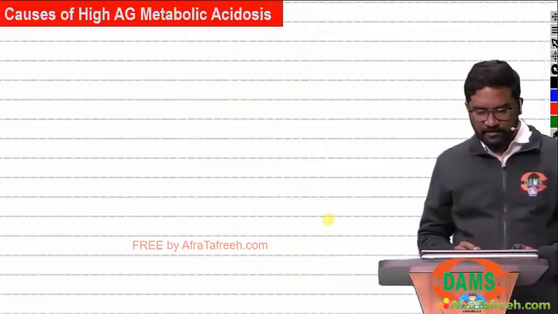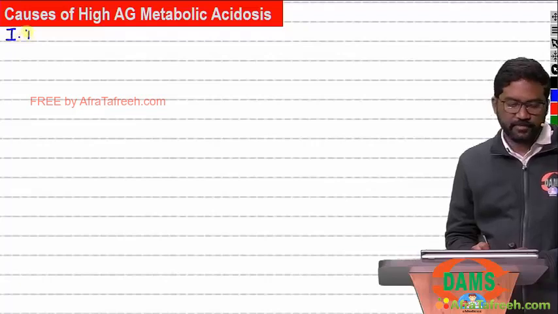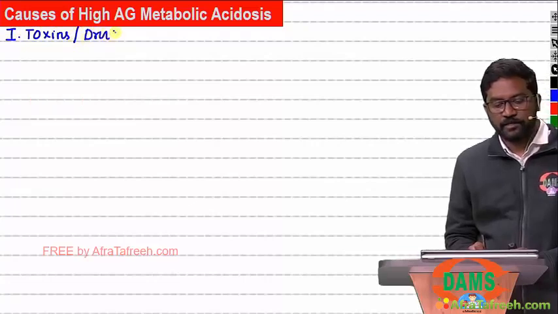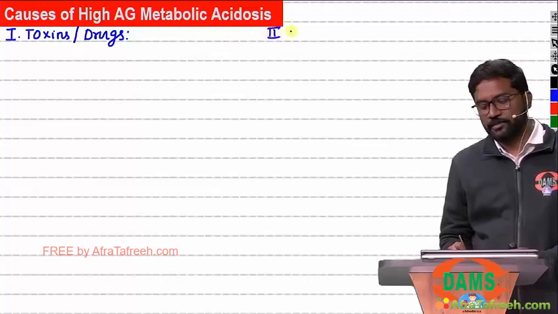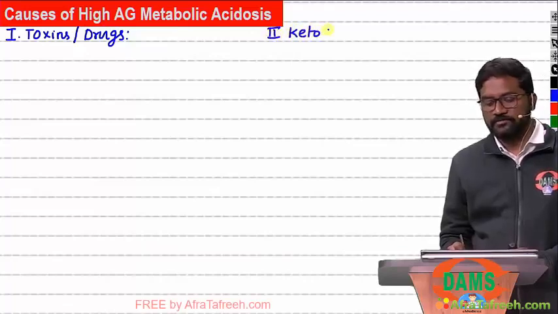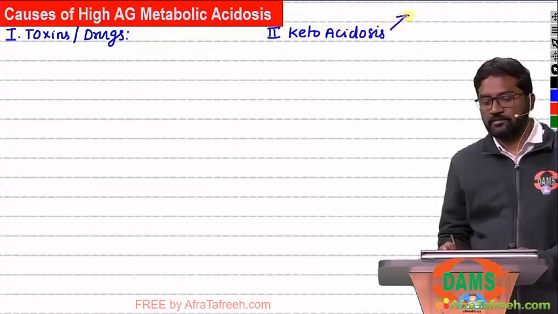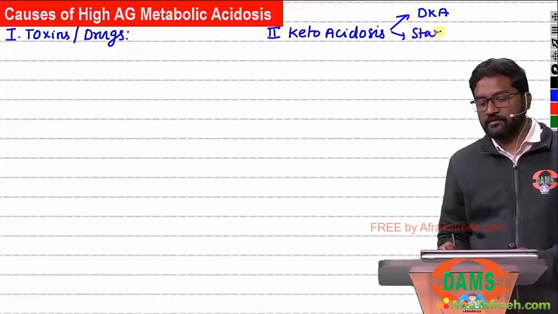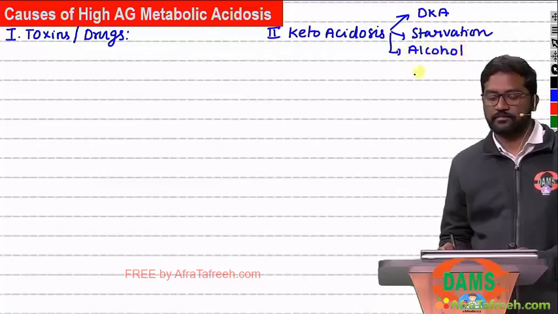So the causes of high anion gap metabolic acidosis, number 1 group will be toxins or drugs. Number 2, ketoacidosis. It can be a part of diabetic ketoacidosis, starvation ketoacidosis, or alcoholic ketoacidosis.